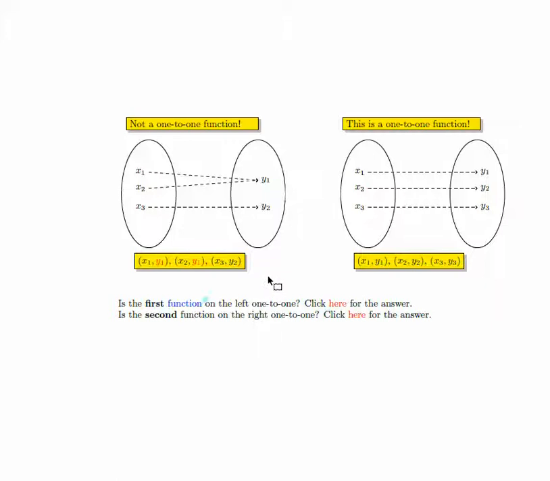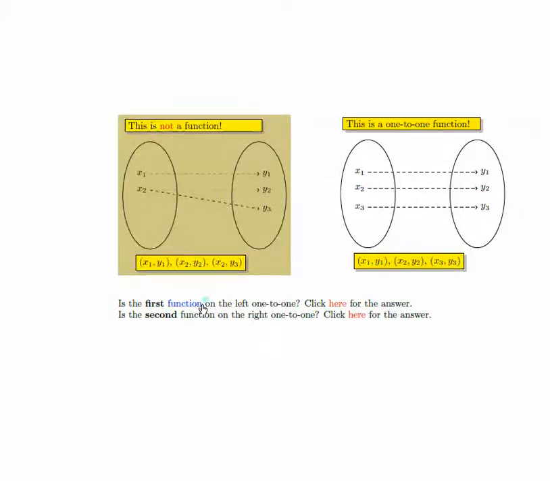Some of you may worry about the case where one element goes to two elements in y, like this case, where x2 corresponds to two elements in set y. In this case, for the element x2 there is no unique element in y, because there are two elements in y corresponding to one element in x.